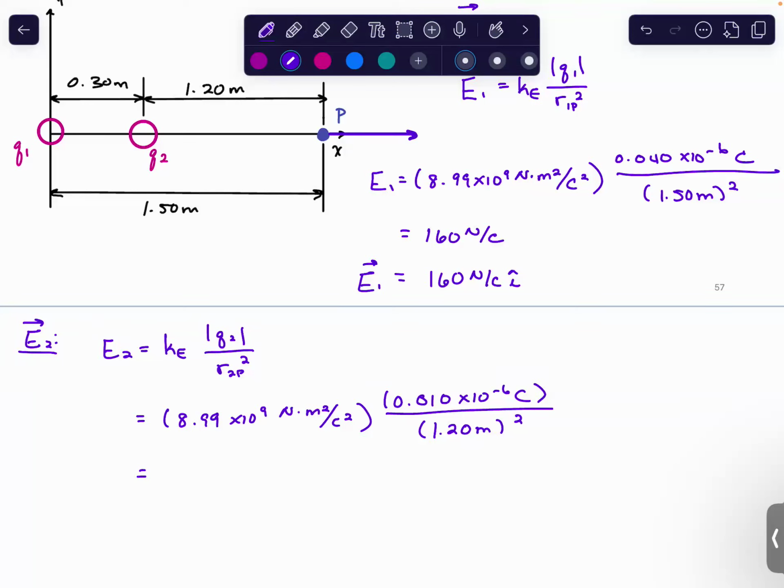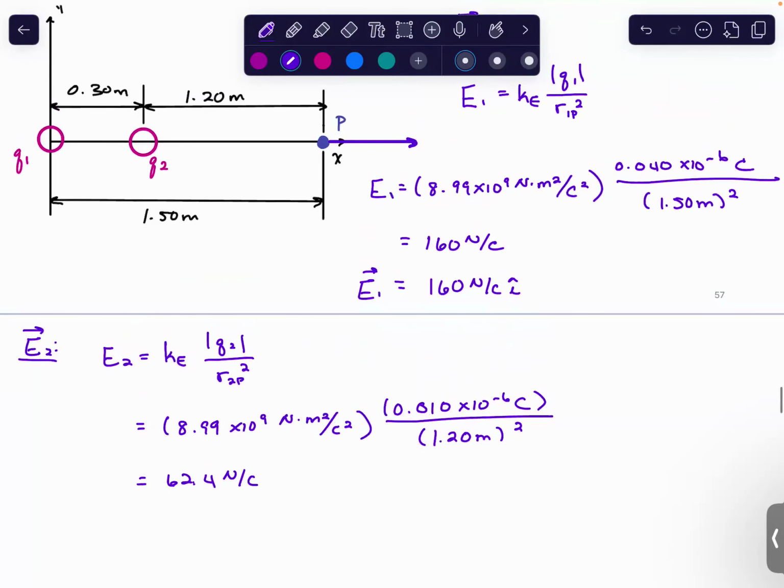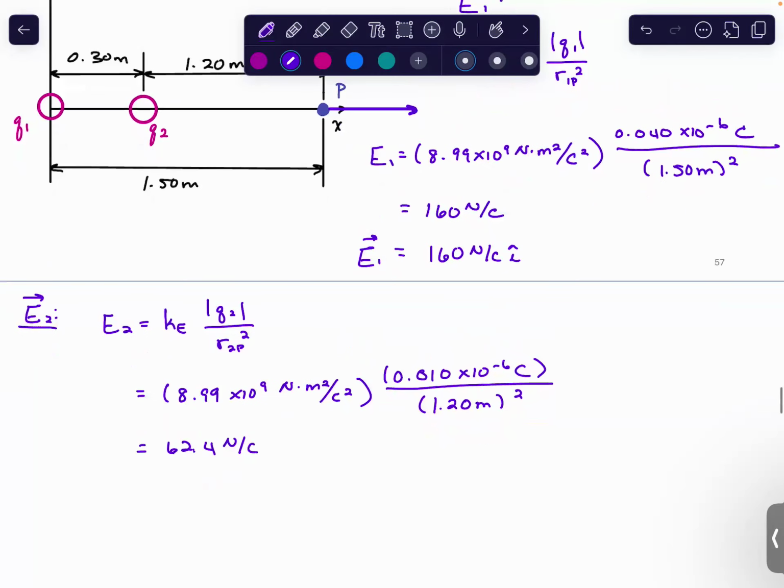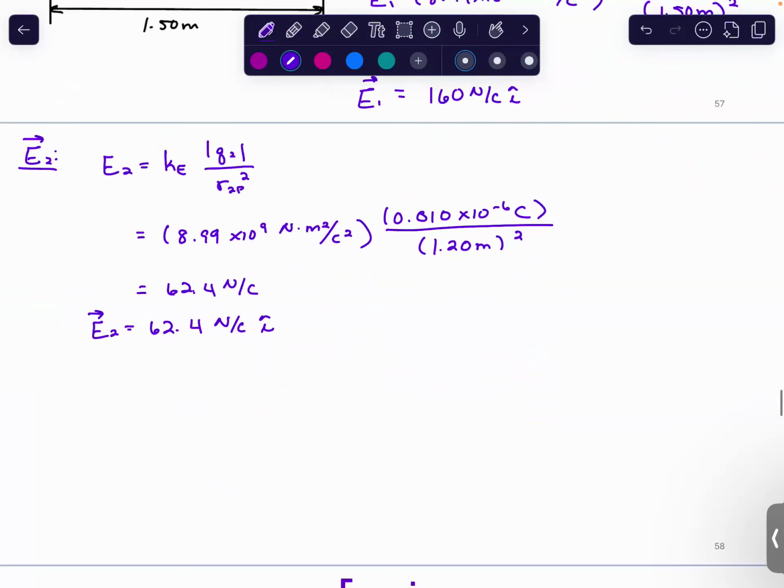That will end up giving you 62.4 newtons per coulomb. And then, of course, this points in the same direction as E1. So they're both I hat vectors.